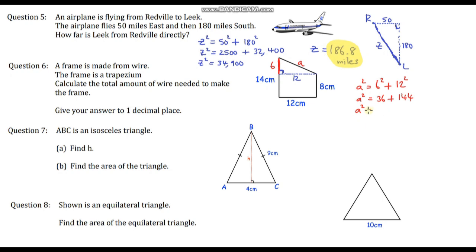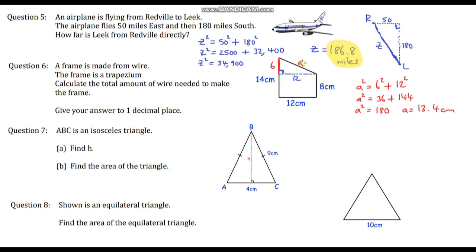So A squared is going to be equal to these added together, which gives us 180. Therefore, A is the square root of 180. So the square root of 180 is, let's use the calculator, 13.4, and that is in centimetres.